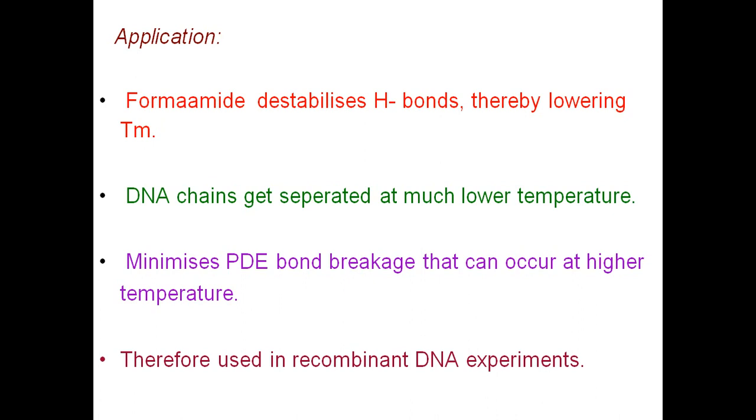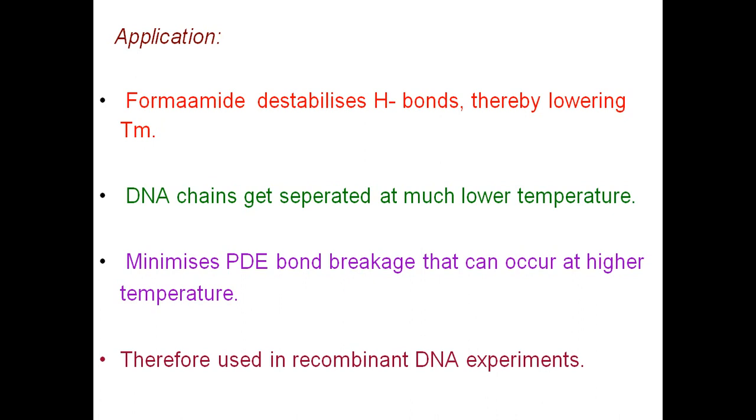For denaturation of double stranded DNA, we have to heat the DNA at high temperatures. Instead, if you add a compound called formamide which destabilizes the hydrogen bonds, then what will happen? The Tm which you need to use can be lowered down, can be decreased.